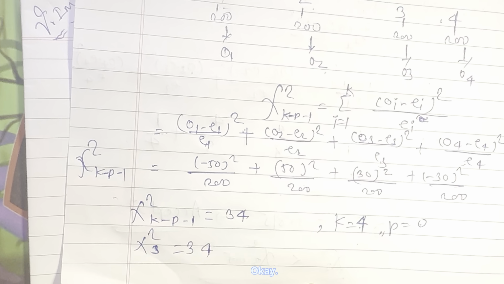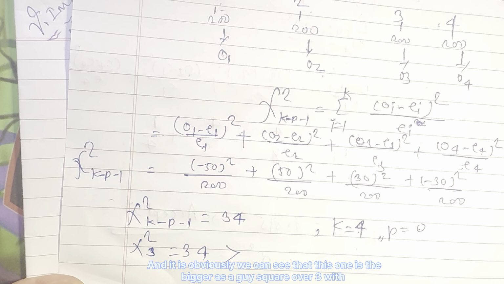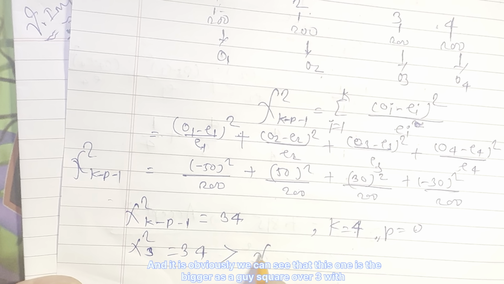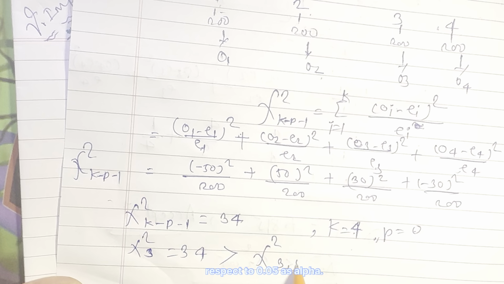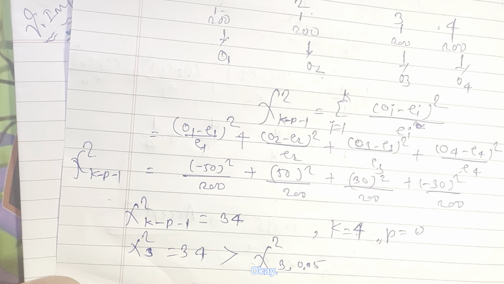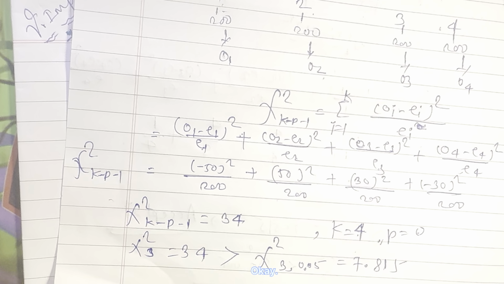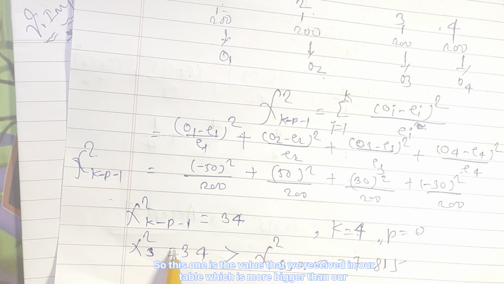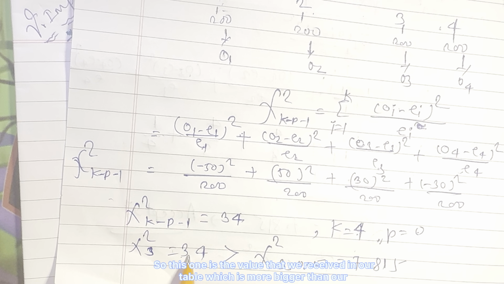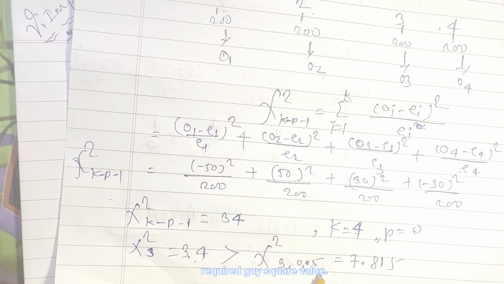Chi-square of 3 is 34, and obviously we can see that this one is bigger than the chi-square of 3 with respect to 0.05 as alpha, which is 7.815. This is the value that we received in our table, which is smaller than our calculated chi-square value.